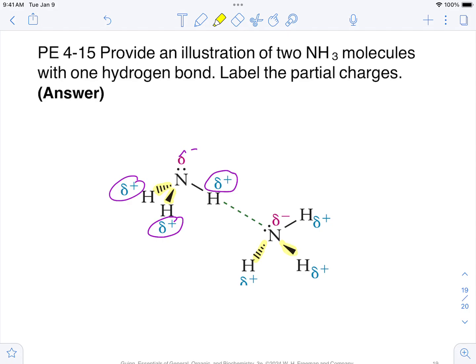That's just showing in the tetrahedral electron geometry how it's positioned, one in front and one behind the bond. We'll get to that later. Important is your dotted line for your hydrogen bonding. And notice your hydrogen bond is between your H and your N there. And then likewise on this molecule, you still have your delta negatives and delta positives.